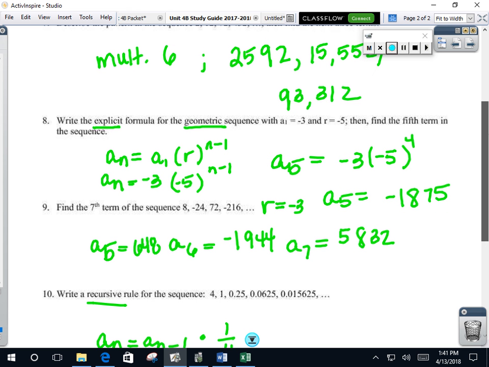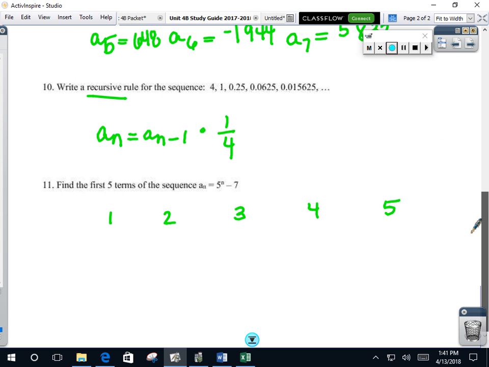You plugged in 5 for the n. So if you're trying to find the first term, what do you think you're going to do? Plug in 1 for n. So 5 to the first power is? And 5 minus 7 is? Negative 2.